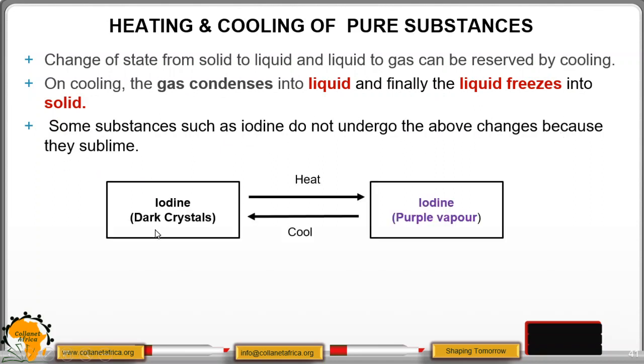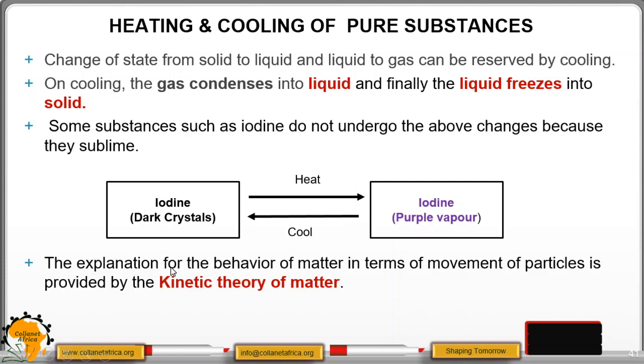Iodine crystals, when heated, change directly to the gaseous state without passing through the liquid state. When cooled, in what we call deposition, the gas forms iodine crystals again, without going through the liquid state. The explanation of the behavior of matter in terms of the movement of particles is provided by the kinetic theory of matter.